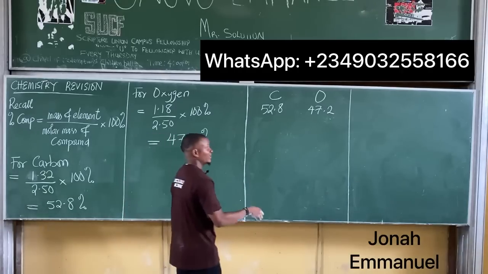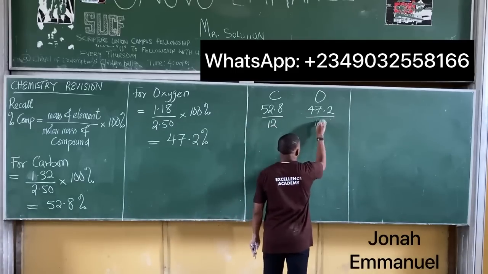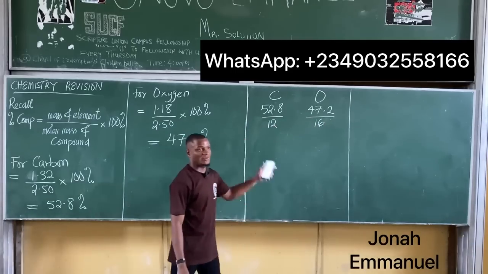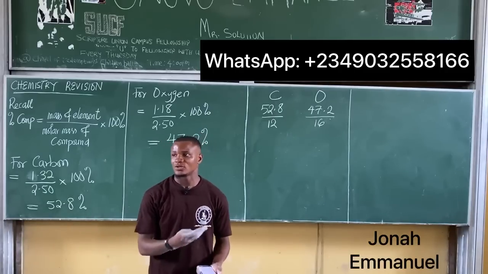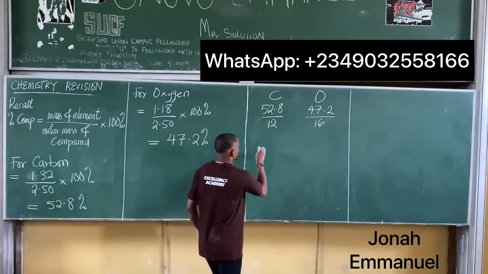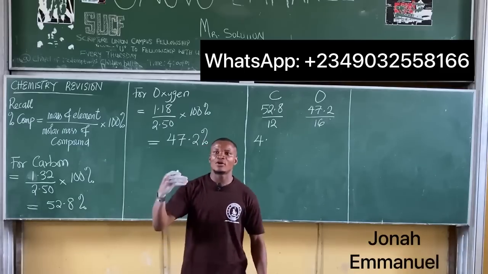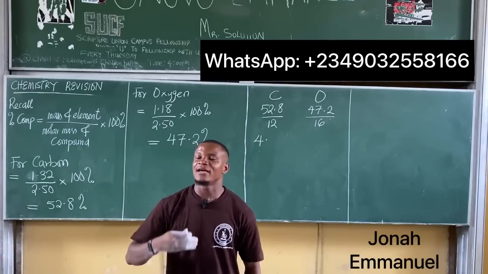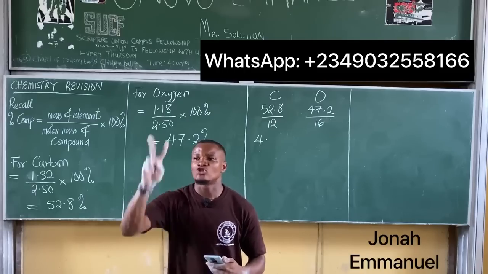For carbon, by 12. For oxygen, by 16. I hope you know what I'm doing, because this is empirical formula. I'm not teaching this. Please divide this and give me an answer. It's advisable, if possible, to leave it in as many decimal places as possible. If possible, give me 2 decimal places. What do you have?